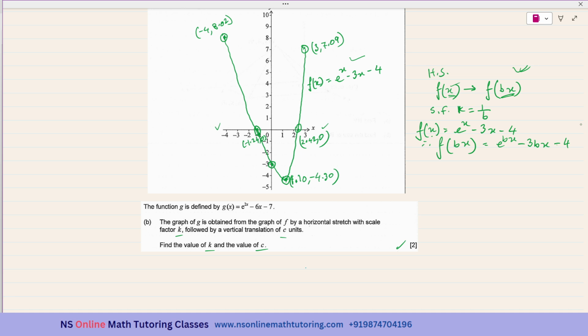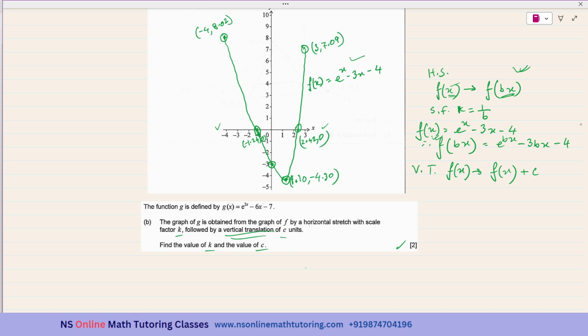And then there is the vertical translation of c units. So for vertical translation, f of x gets transformed to f of x plus c, because the translation factor is c units. So currently our expression is this.